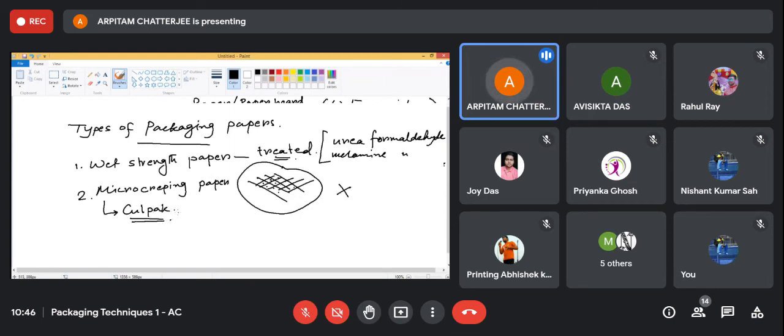By this Clupak process, the paper is made more stretchable. It basically increases the stretching of the paper. For example, have you seen those papers that are used for large envelopes?